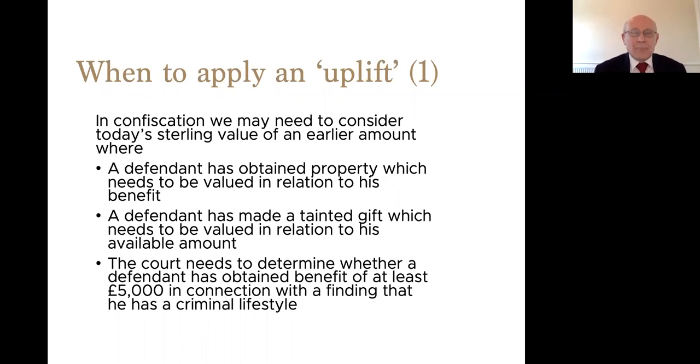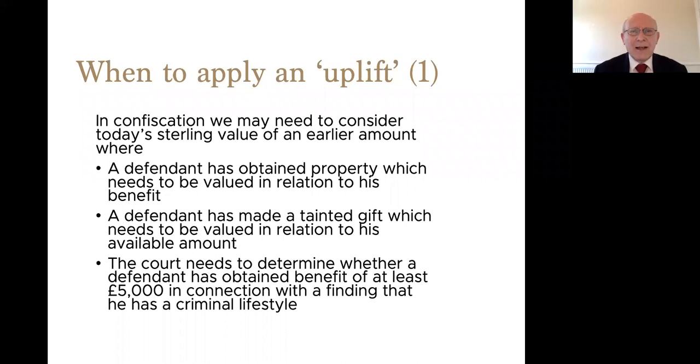Well, again, when you're asking that question, the court is asking that question today when it's making the confiscation order. Today is what's called the material time, and therefore the court has to look at that today, having taken account of changes in the value of money.